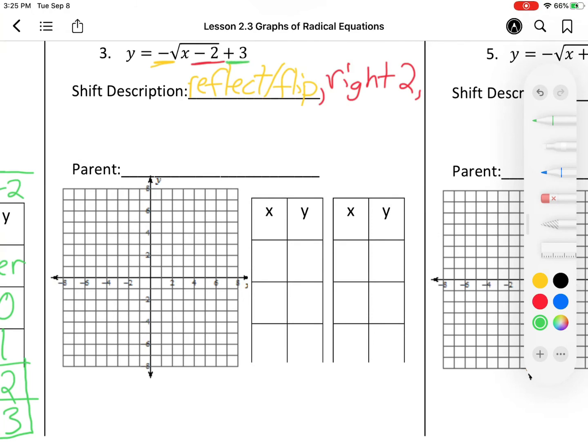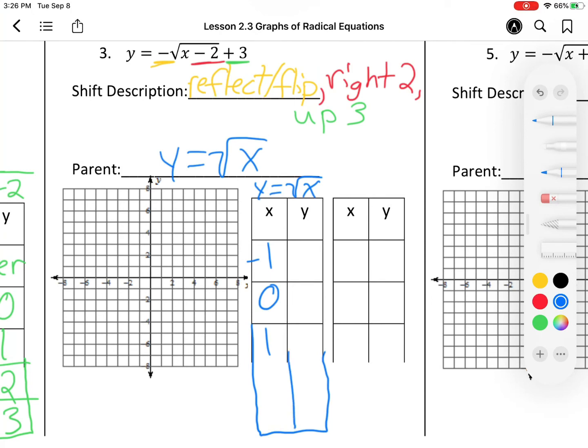And our +3 tells us to go up 3. So our parent function, setting it up for us so we can actually see how it transforms. Then error, 0, 1, 2, 3. And if you really want to, you can always plot it.